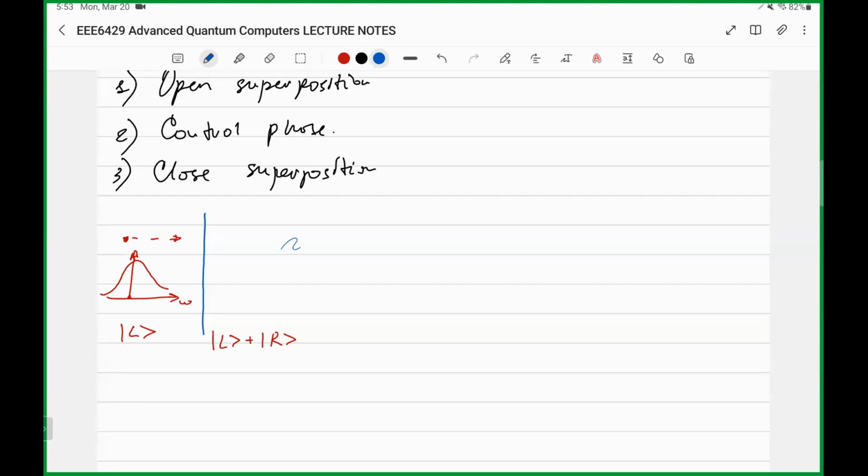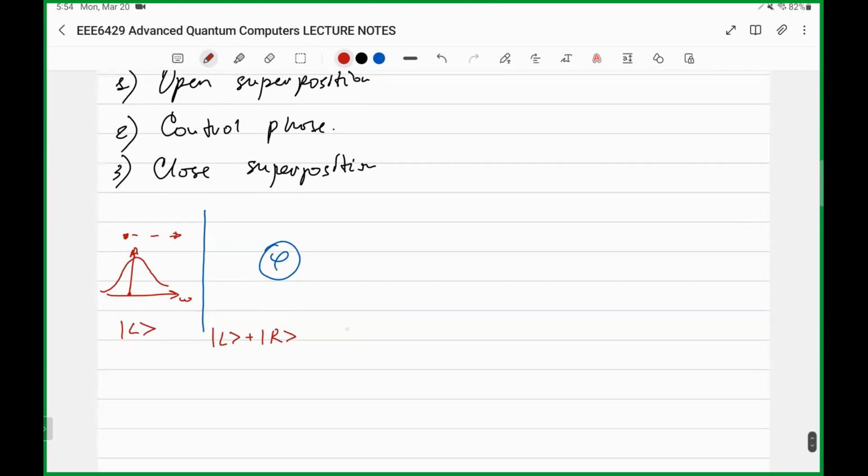Then I assume that I vary or control the phase inside this system. My state vector will be something like some function f depending on phi times state L, plus another function g of phi times state R, right?